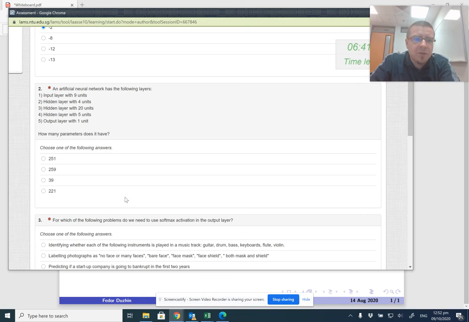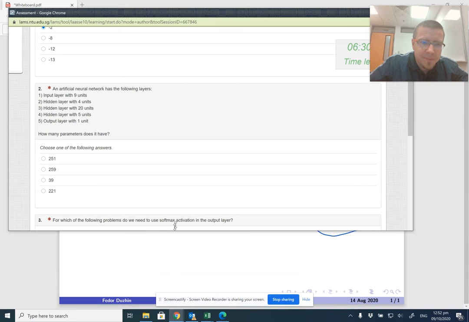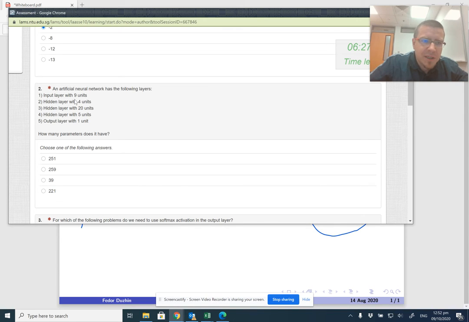Okay, so an artificial neural network has the following layers: input layer with 9 units, 4 units, then 20, 5, and 1, and so on. How do we do this? Basically we just take this number plus 1, 9 plus 1, which is 10, times 4.